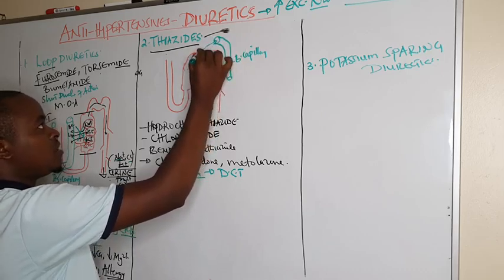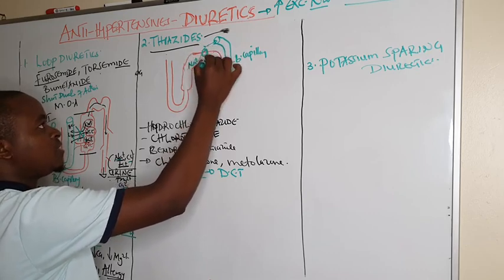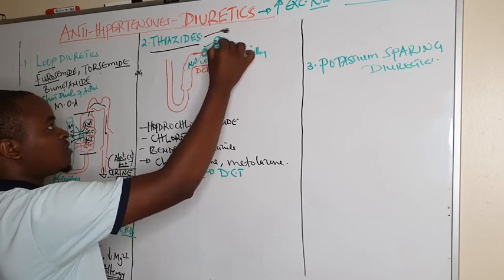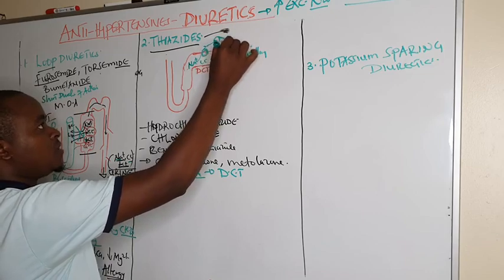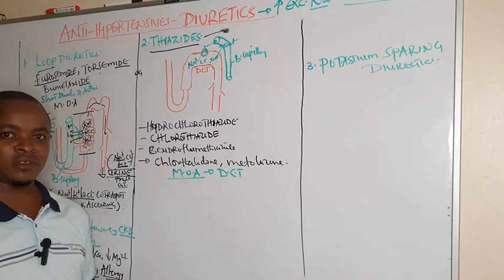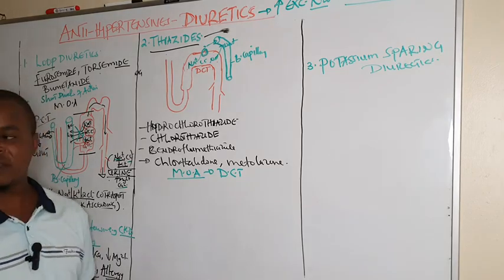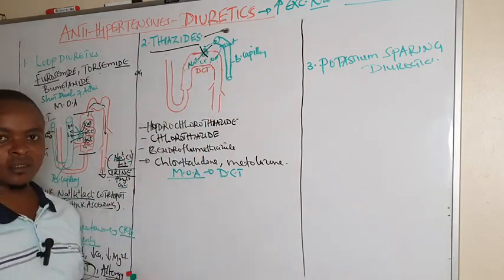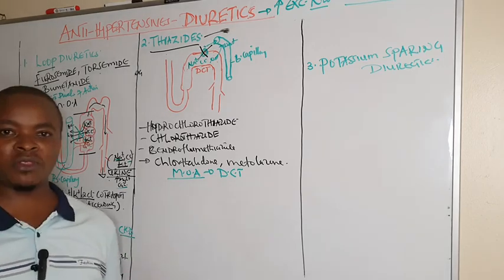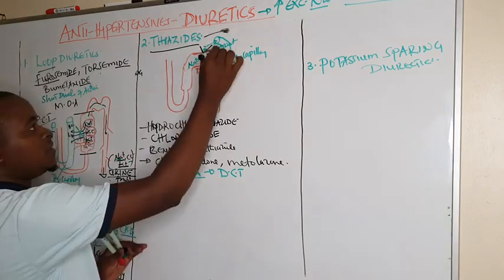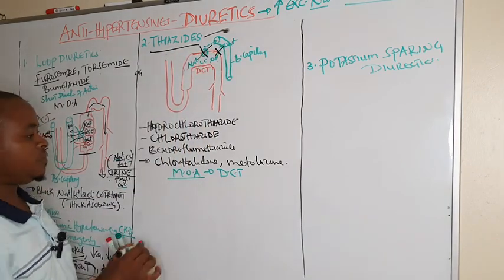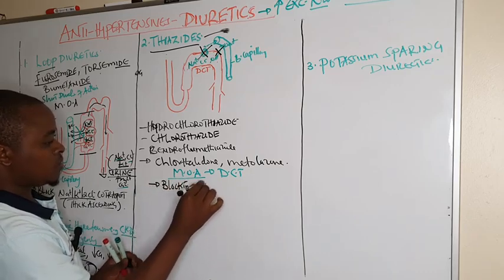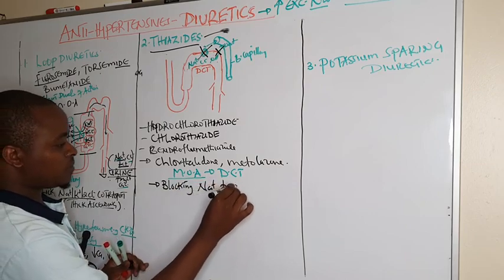There is always reabsorption of sodium back into blood in the presence of aldosterone. But what the thiazides do, they come and block the sodium and chloride transporters, because we know sodium moves with chloride. So these act by blocking sodium transporters.